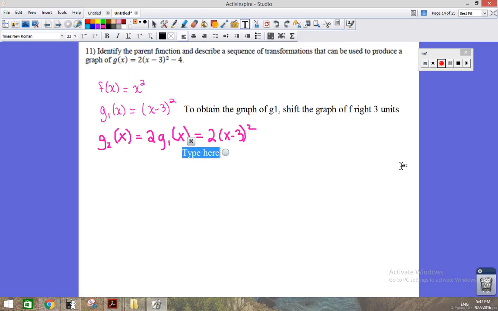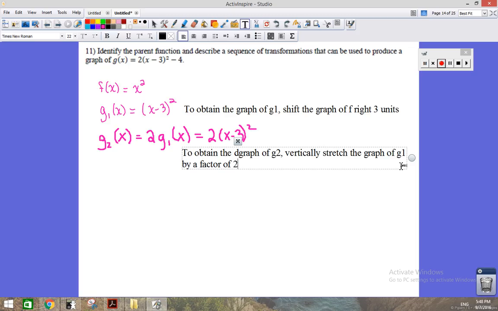So to obtain the graph of what I'm calling G2, we vertically stretch the graph of G1, the previous graph, by a factor of 2.